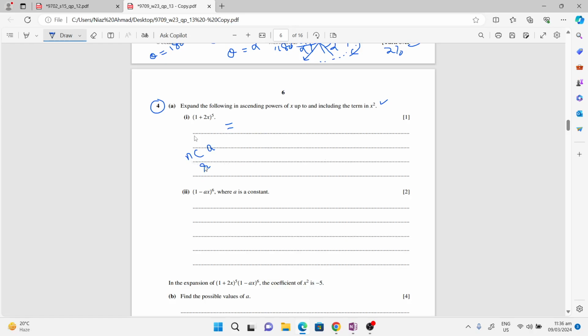Yes, that is the difference here, and then you use the x to the power r. So expand this. What is your answer? 1 plus 2x to the power 5.